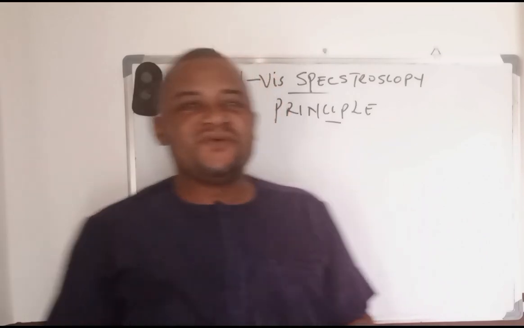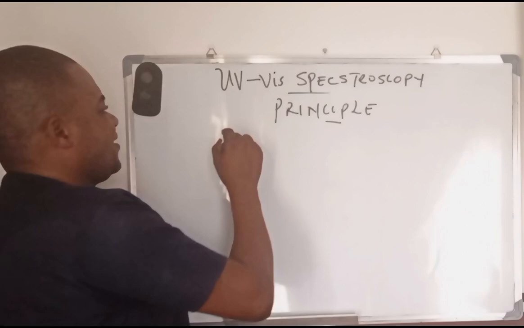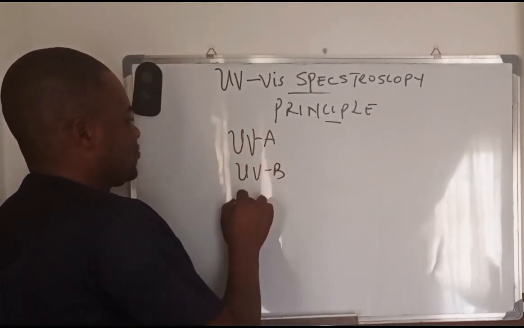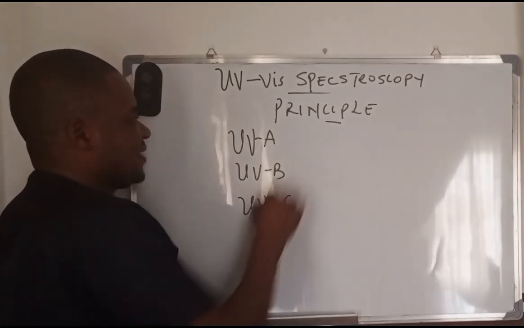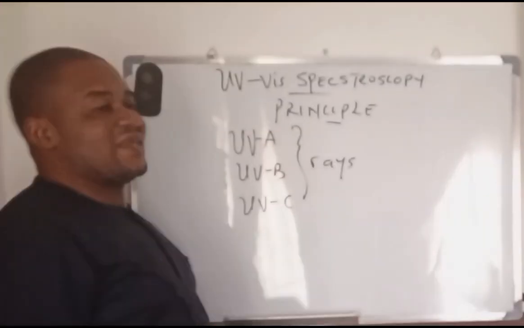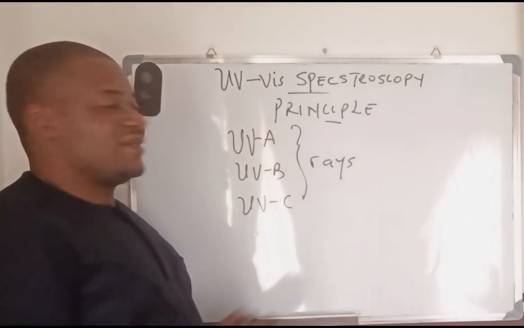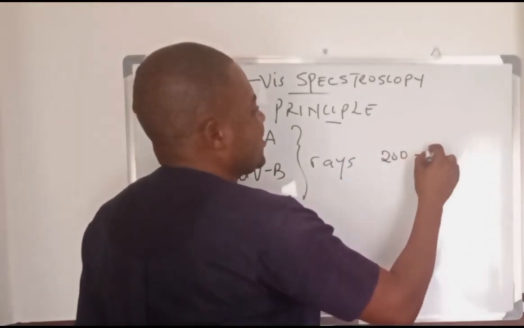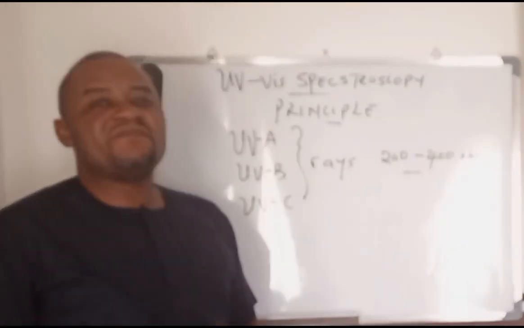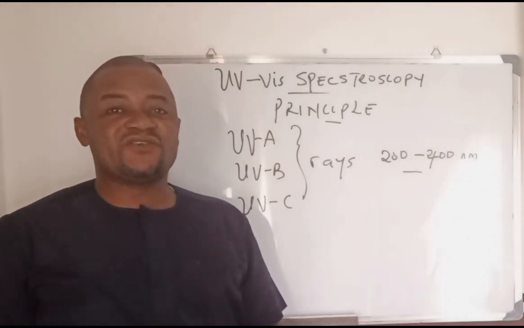These UV radiations are actually divided into three: UVA, UVB and UVC, and these are all in the band of between 200 to 400 nm, the nanometer measurement of radiations on the electromagnetic radiation spectrum.